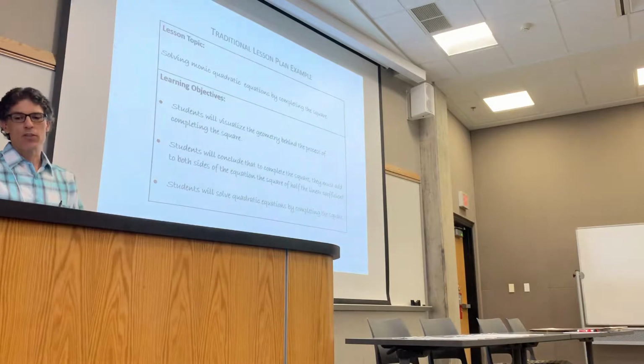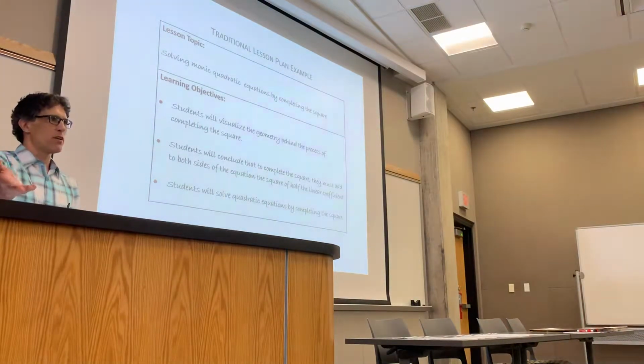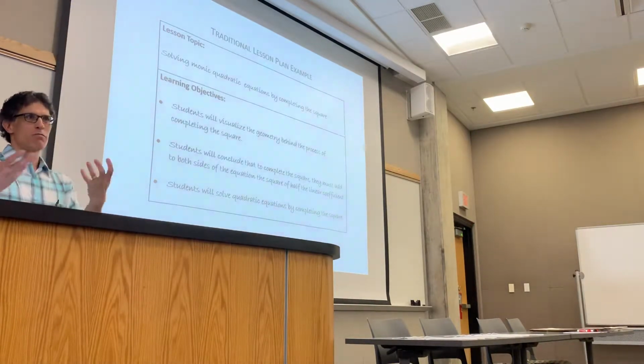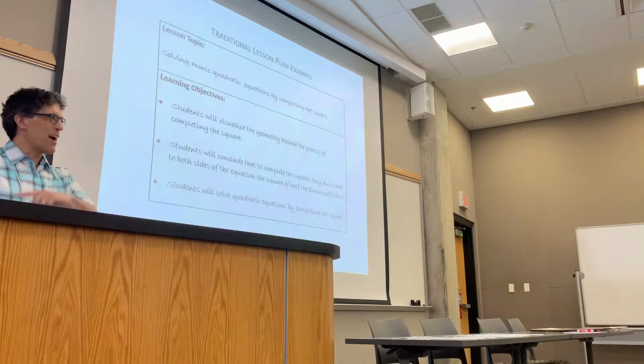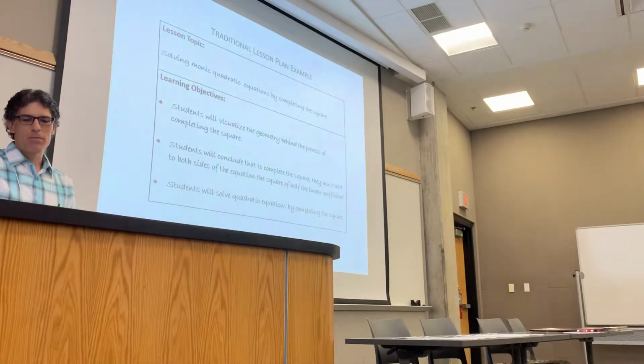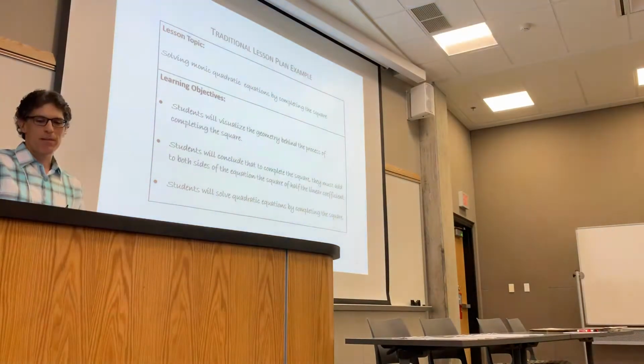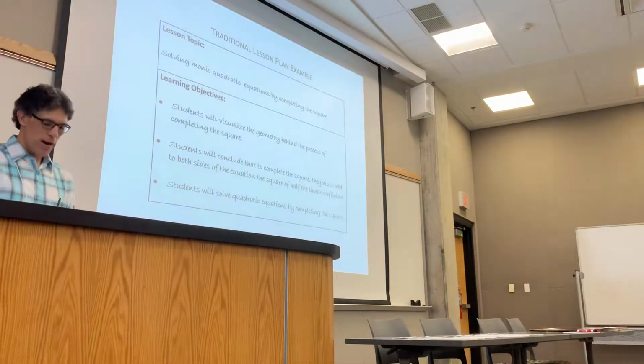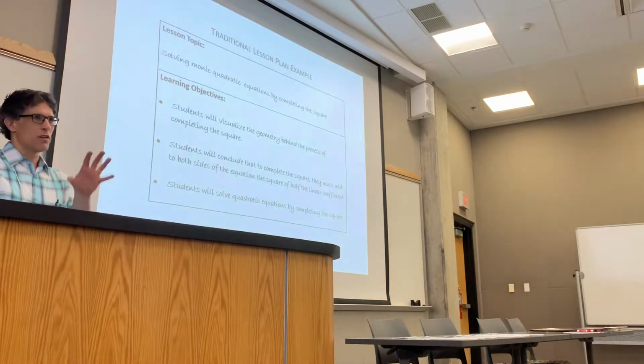Students will conclude that to complete the square, they add to both sides of the equation the square of half the linear coefficient, which magically, although it won't be magic once they learn it, gives you that completed square. And then finally, students will solve quadratic equations by completing the square as practice. So that would be the focus.